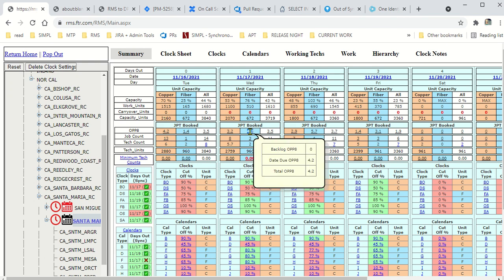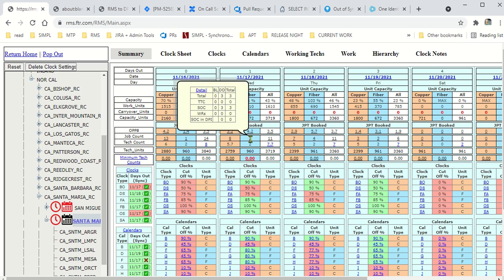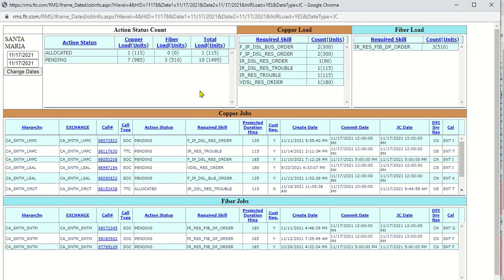Wait, job count, right? Details. Then I go down to the fiber jobs. Doesn't look like there's a whole lot here, but okay.